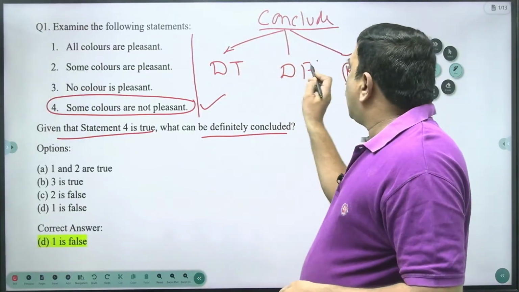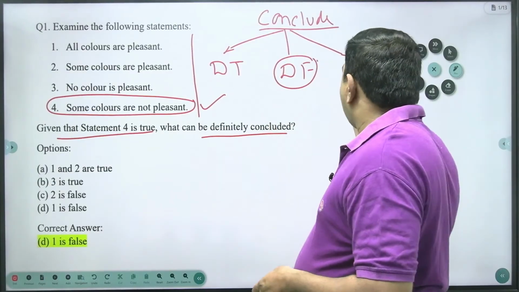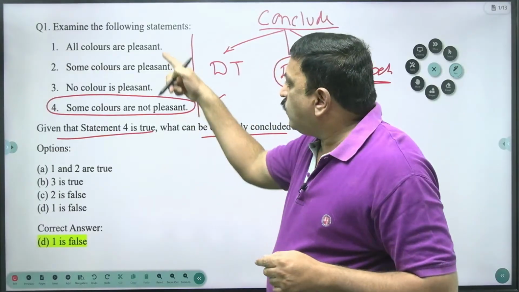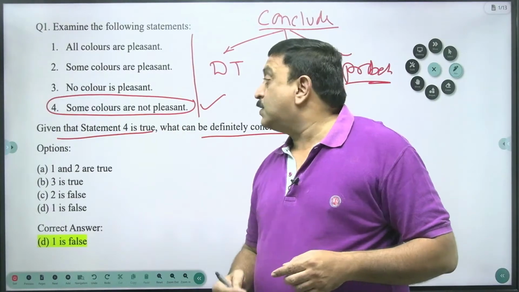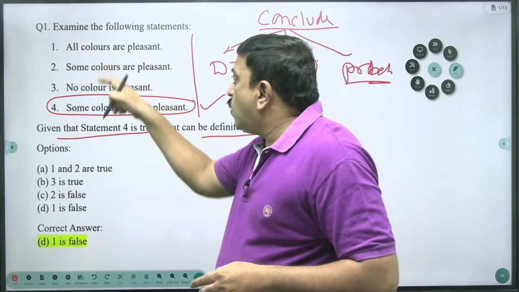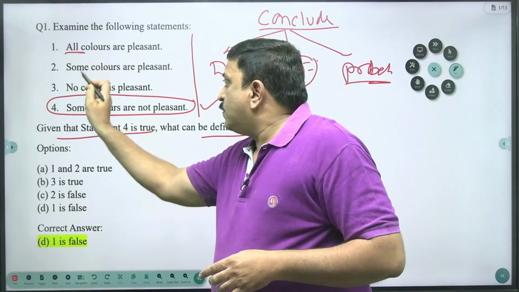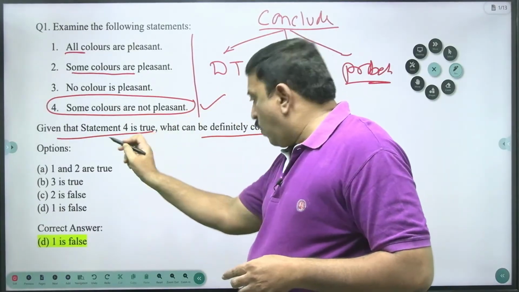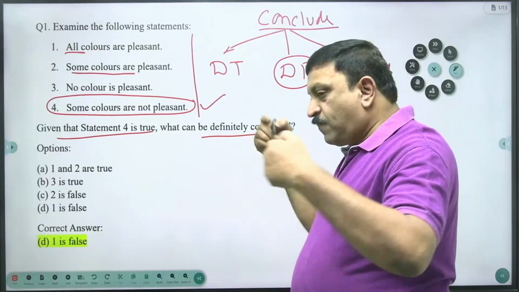If something is definitely false, it cannot be definitely true, and it cannot be a possibility, right? So what can we infer from the "some not" statement, some colors are not pleasant? The question is, given that statement 4 is true, what can be definitely concluded?